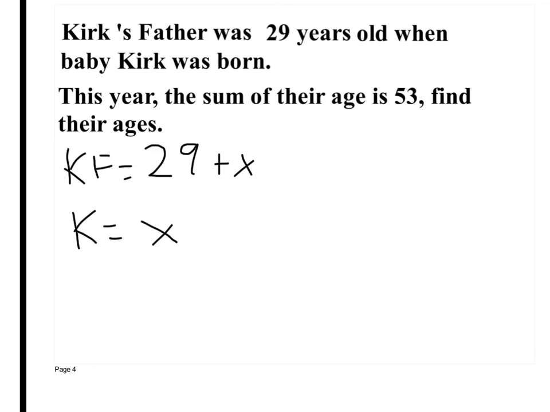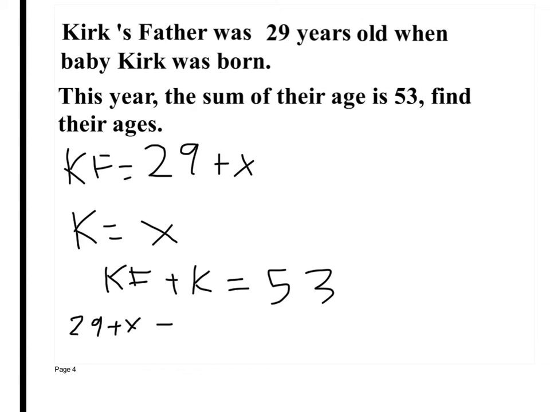Now it says the sum of their ages. So Kirk's father's age plus Kirk's age is 53. Their ages added up is 53. I replace Kirk's father's age with what? 29 plus x. I replace Kirk's age with what? x. And that equals 53.